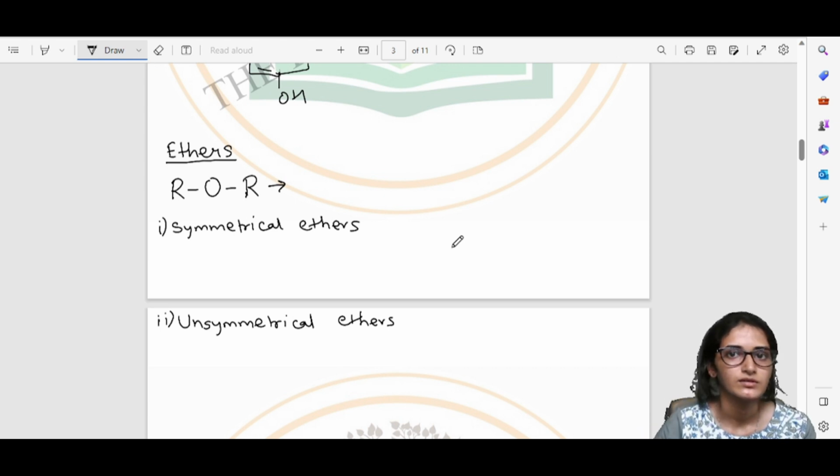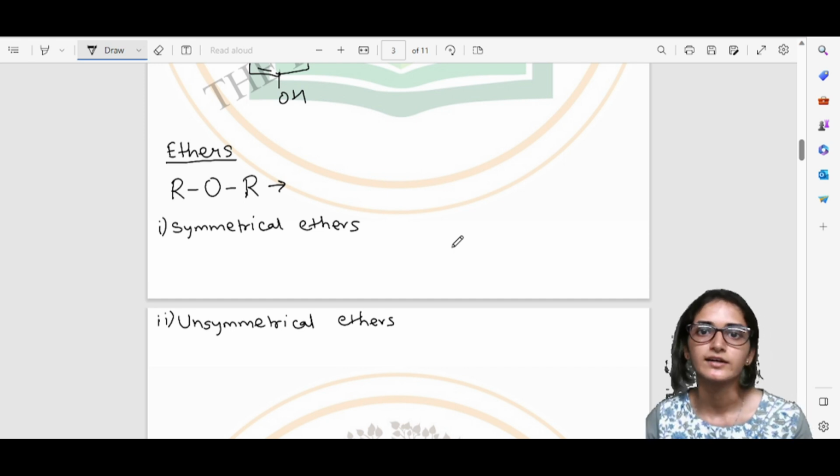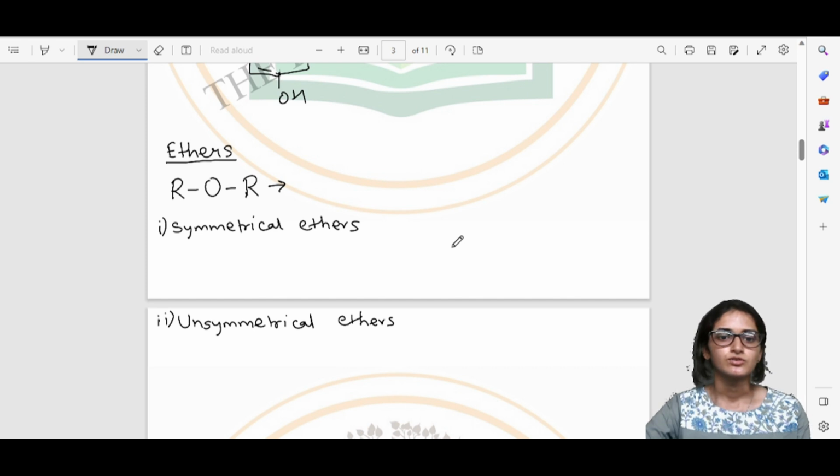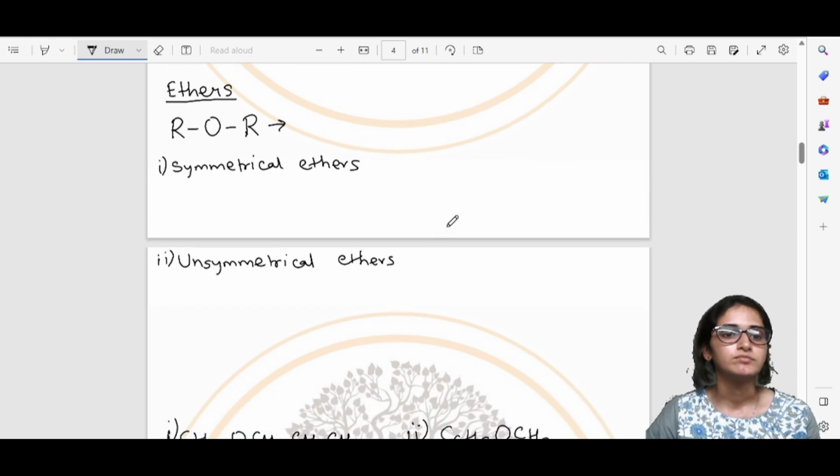Okay, ethers, some of you must not be aware of ethers, because alcohols and phenols are common, but ethers we have not studied much in our previous classes. So here we will study about ethers. Now ethers are represented by this formula ROR, wherein both the R's are alkyl groups and O is the oxygen.